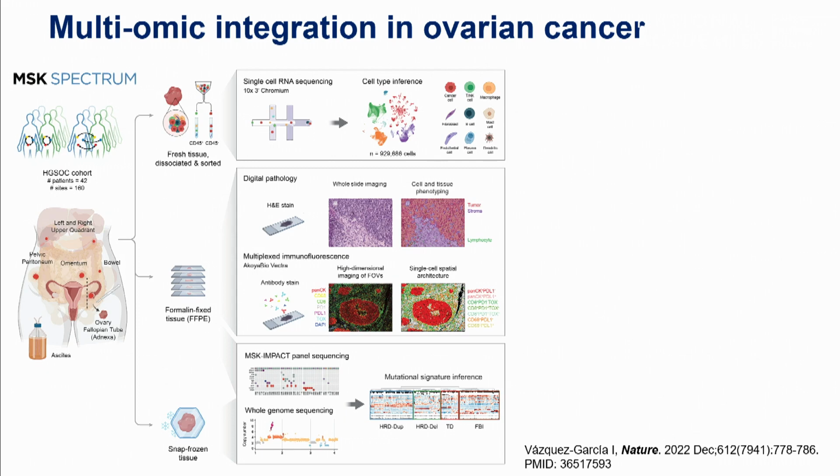We also know that ovarian cancer can be stratified according to the DNA damage response profiles that are present in their genomes. So we can read out the genomes of these tumors and then ascertain whether a patient has a homologous recombination deficient tumor or a homologous recombination proficient tumor. This has all kinds of implications for stratification onto PARP inhibitors and other therapeutic modalities.